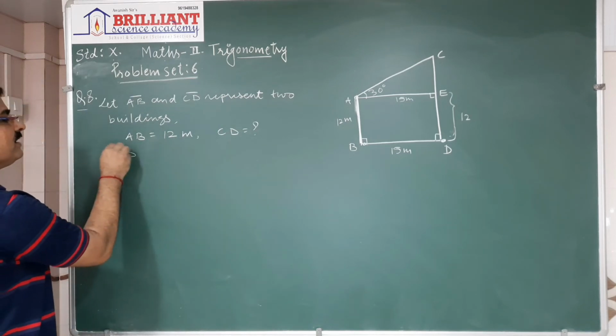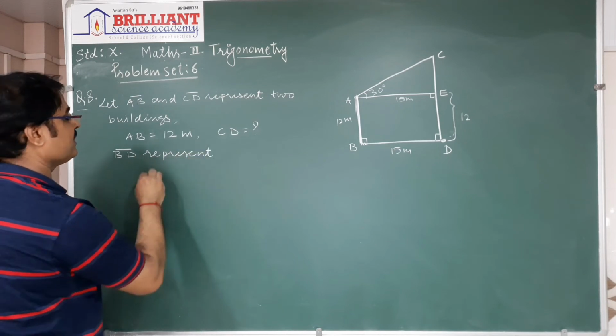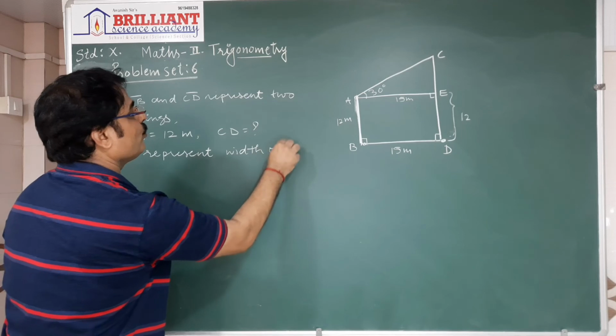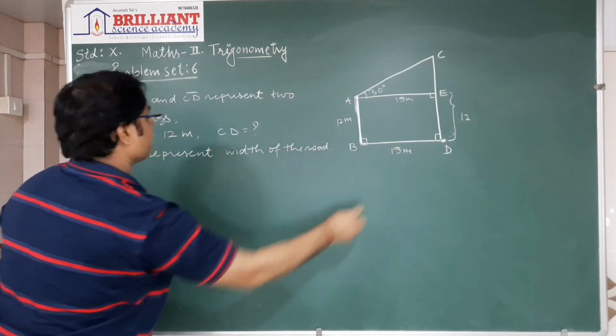What is BD? Segment BD क्या represent कर रहा है, represents the width of the road, and this is given as 15 meter.